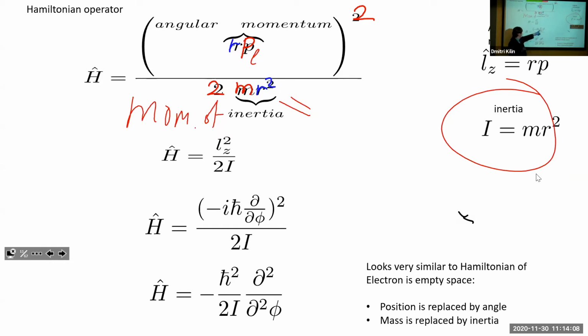Squared over inertia. And if we open brackets, it will be Planck constant squared over inertia and then the second derivative. So absolutely the same as we had for the electron in free space and for the particle in the box. Mathematically, it's just the second derivative and nothing else in the Hamiltonian. It should be quite easy to solve.